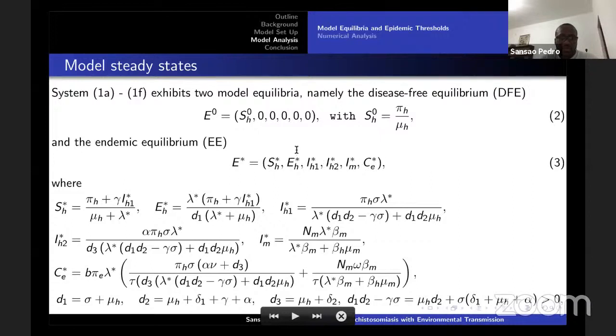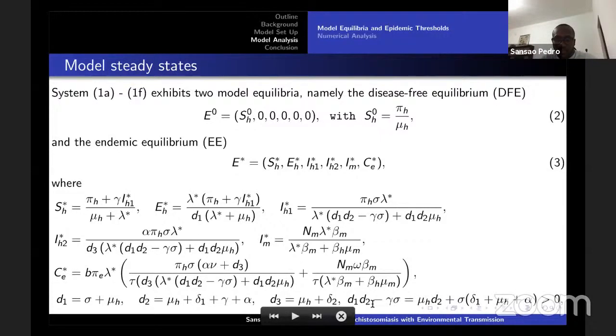The components of this equilibrium are given by this expression. Once we know the value of lambda star, we can tell whether this endemic equilibrium point exists or not. We have here this component D1, D2 minus gamma sigma.